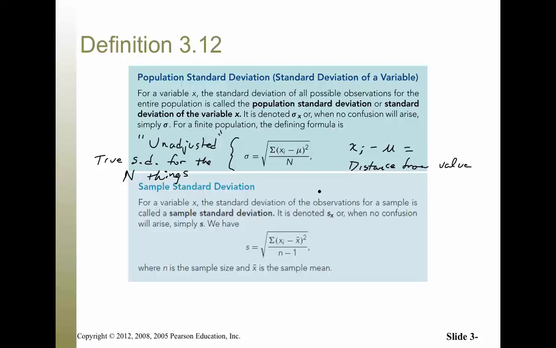The reason there's the adjustment for the little s is in order to predict the population standard deviation, okay? So this one is adjusted to infer about the population. We talk about inferential statistics. This is an inferential statistic. This adjustment is what's helping to predict the population standard deviation.